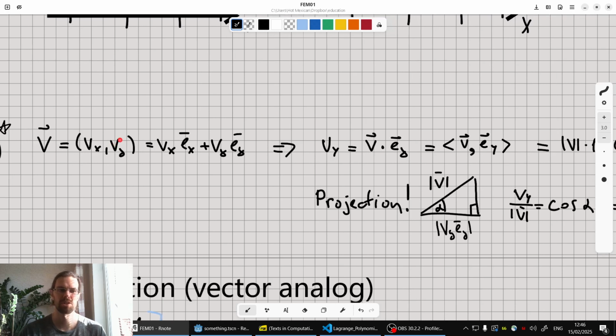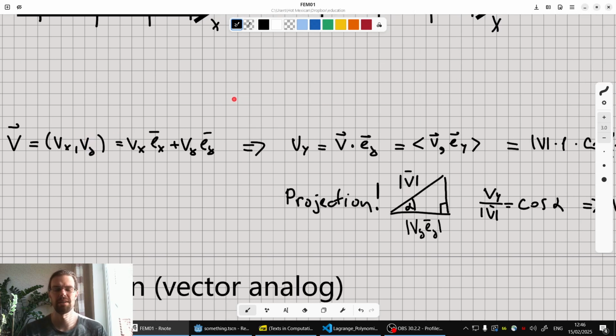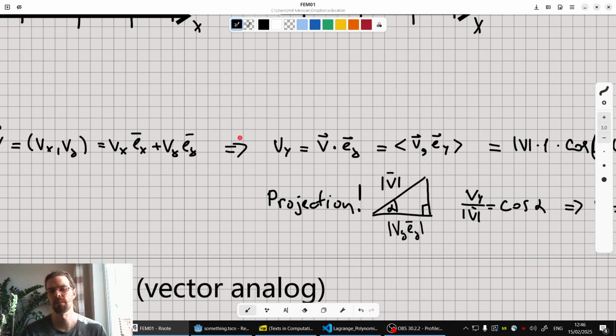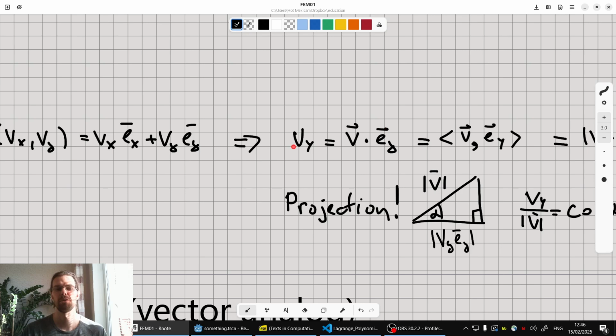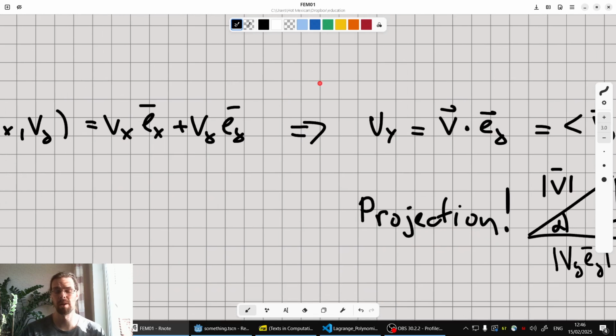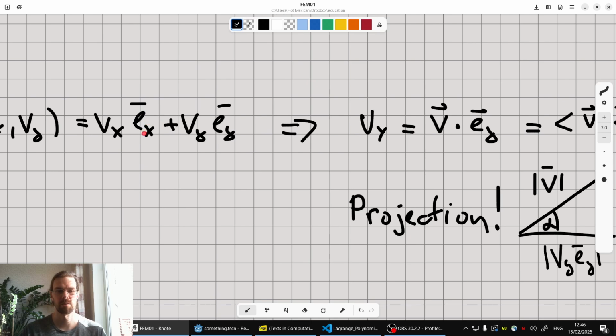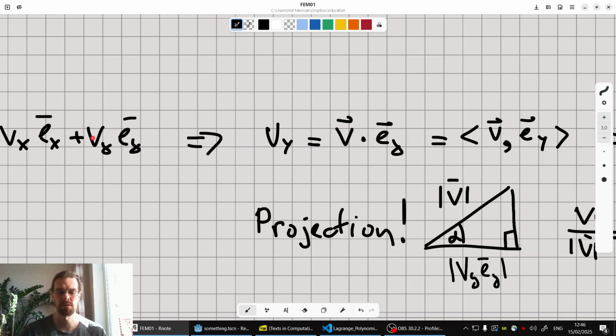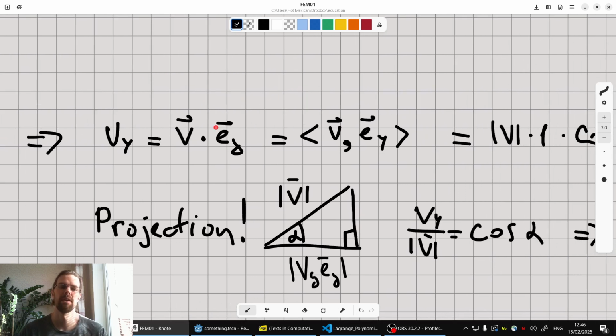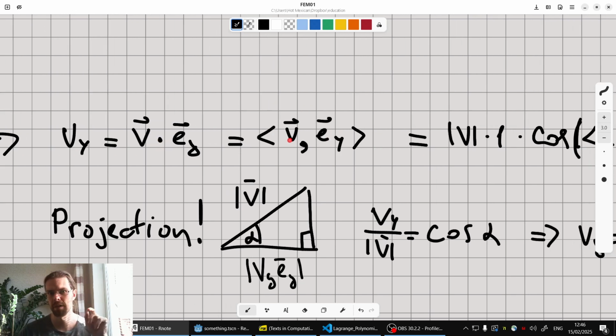And then if you want to extract, for example, the vy component, you can mathematically just use a dot product with the y basis, and due to orthogonality and orthonormality, the multiplication with ex will be orthogonal, give 0, this will give 1, and you will get your vy component. So this is the dot product. We can refer to it as an inner product.